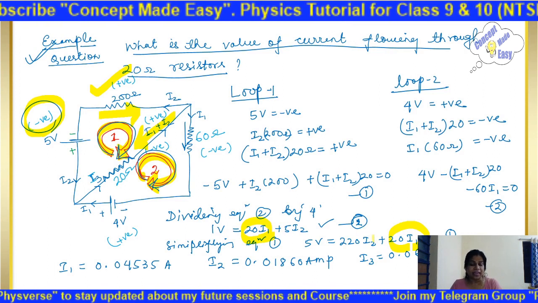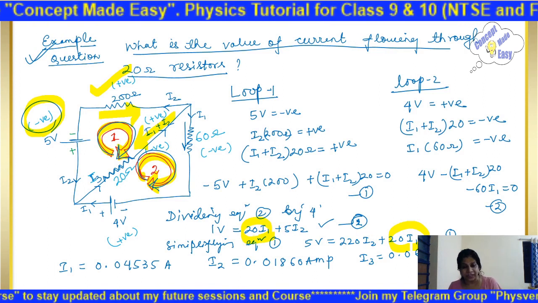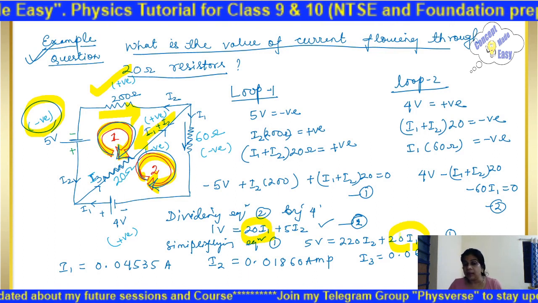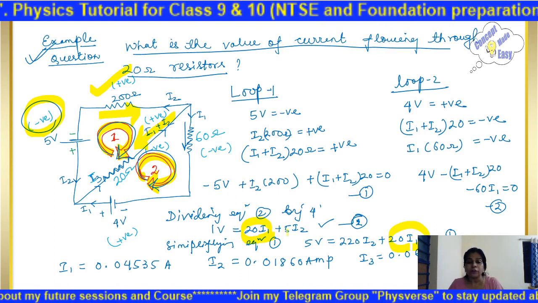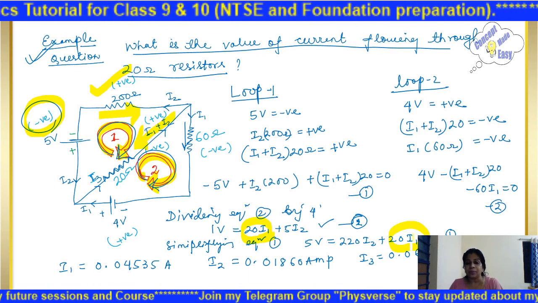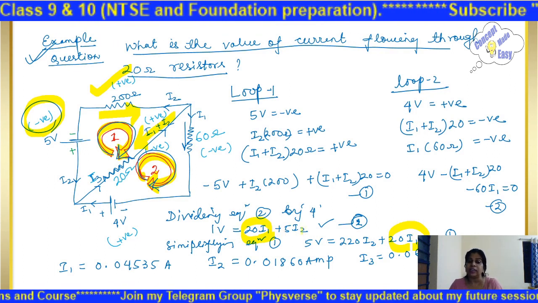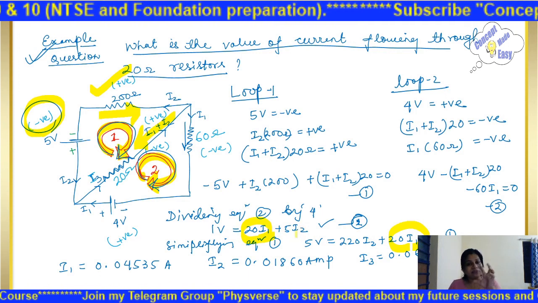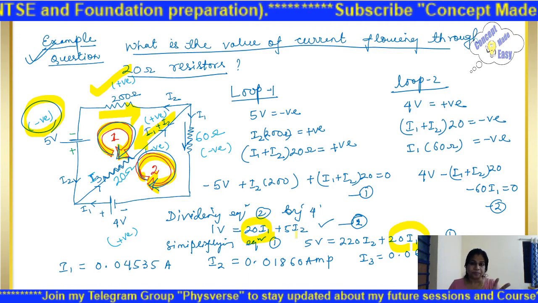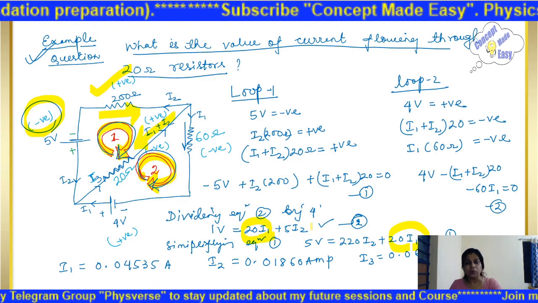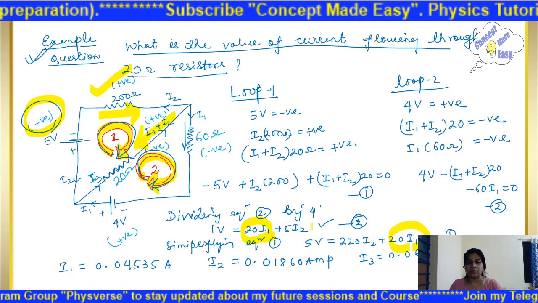You can go for addition or subtraction. You should go for subtraction, because you need to eliminate the I1 part from both the equations, so that you can very easily calculate the value of I2 first. Then after getting the I2 value, you put that I2 value in any of these two equations. Then you will get the I1 value.